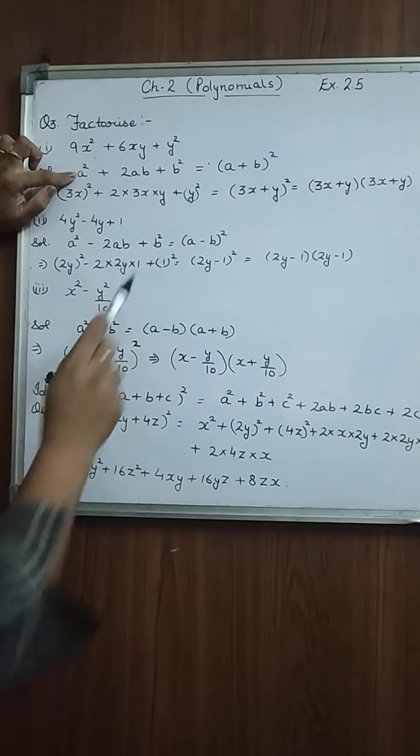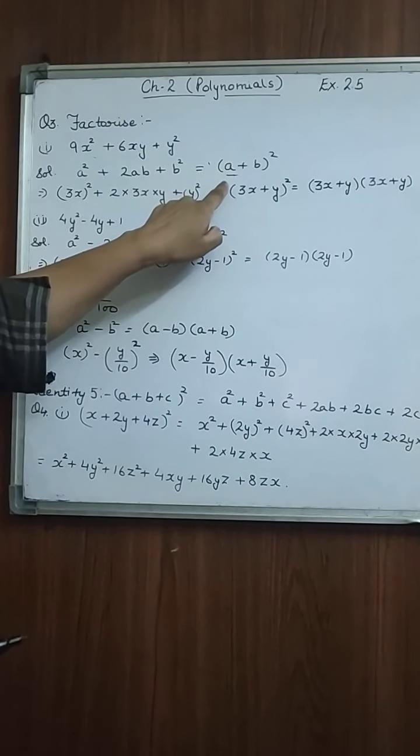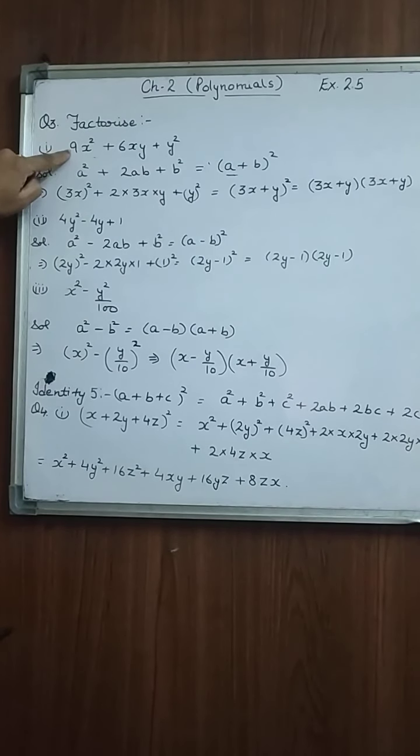This is a square, equal to 9x square. To find a, a is the square root of a square. So we have to see the square root of this, or what it was before the squaring. The square root of 9 is 3, and the square root of x square is x. So we can say this is 3x whole square.